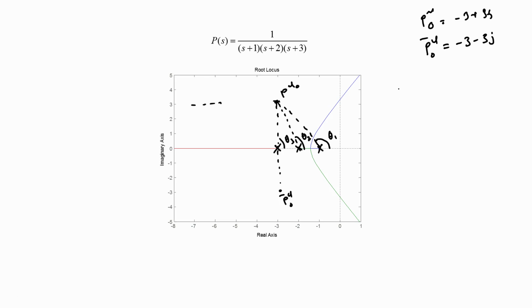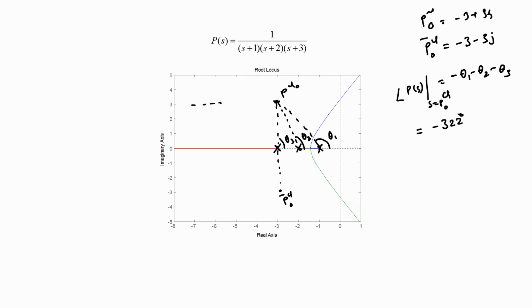We would have the angle of P of s at the point s equal to PCL naught to be equal to minus theta 1 minus theta 2 minus theta 3. If one uses trigonometry and computes these angles, then we find that the net angle is going to be equal to minus 322 degrees.